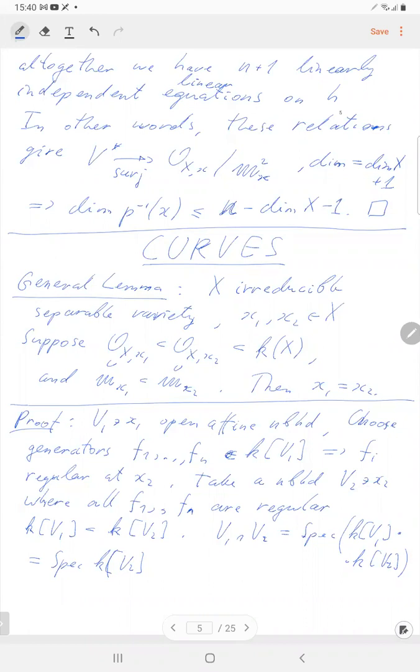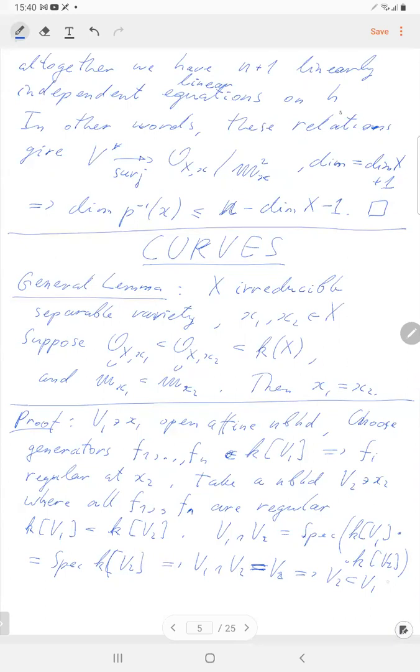Okay. So we proved that the intersection of V1 and V2 is contained in V2, and it means that, so it's not contained, it's equal to V2, and hence we know that V2 is contained in V1.